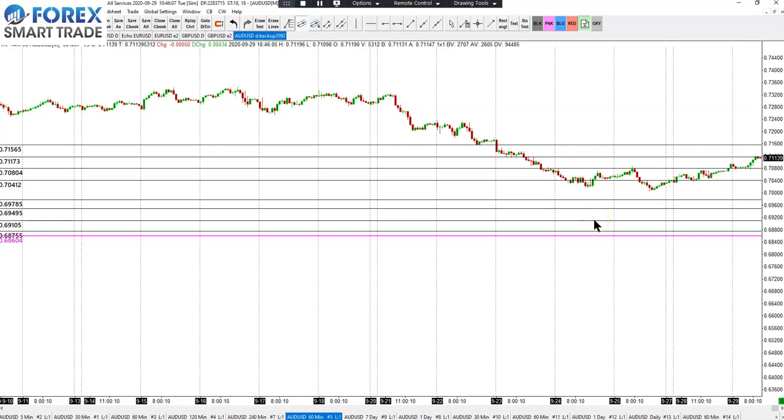The reason I want to know the trend is that's going to help me determine how many pips I want to take. If I'm taking a buy trade and the trend is up, I'm going to take a few more pips than if I am taking a sell trade and the trend is up. Because if I'm trading against the trend, I don't want to get stuck holding a position.